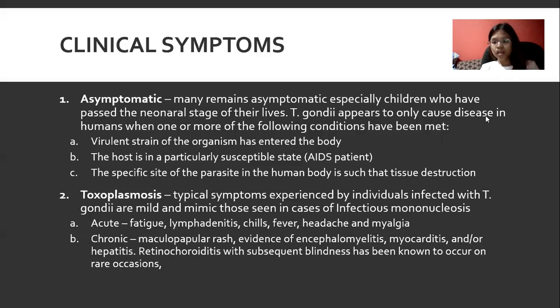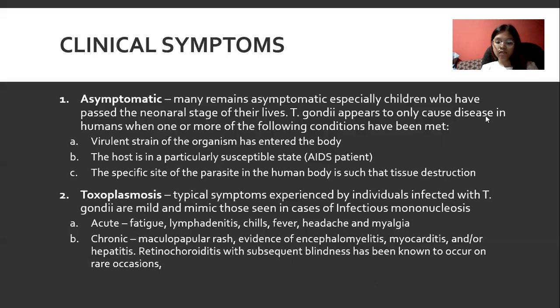So the first disease or condition we have is toxoplasmosis. Typical symptoms experienced by individuals are mild and mimic those seen in infectious mononucleosis. So, in acute toxoplasmosis, the patient will experience fatigue, lymphadenitis, chills, fever, headache, and myalgia.